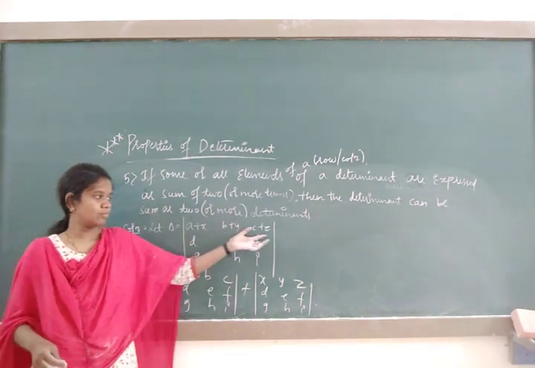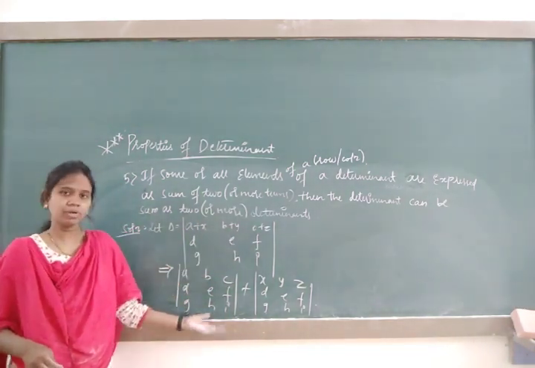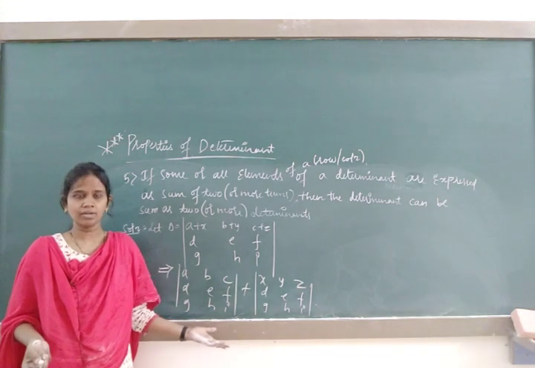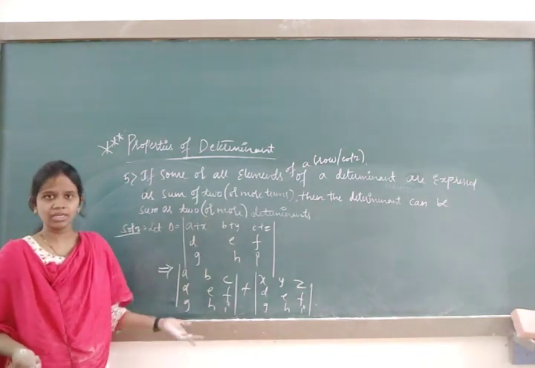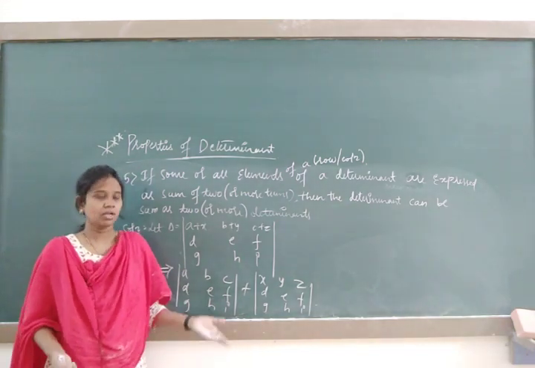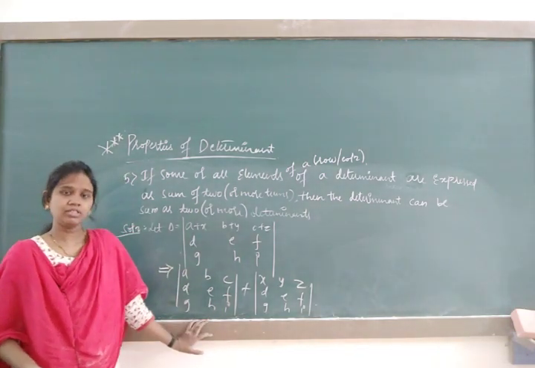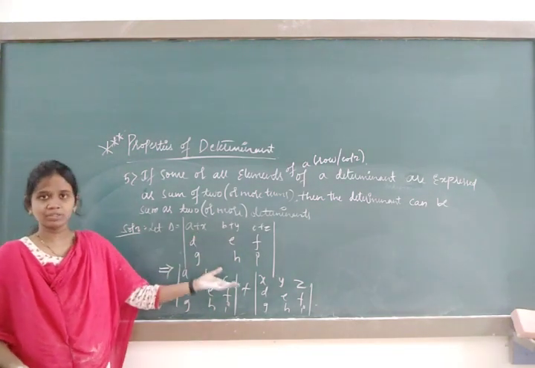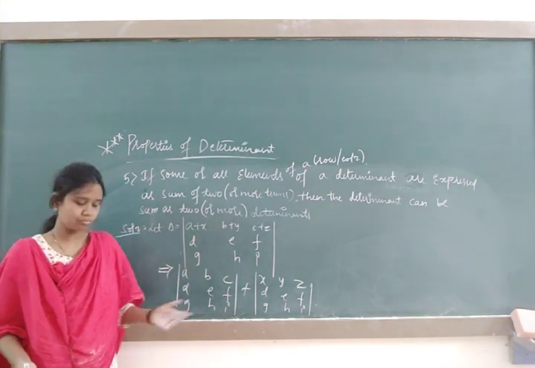If any row or column is like this, you have to split into that number of determinants, of the same order. You can split like this, or else you can generally expand while facing the problems.